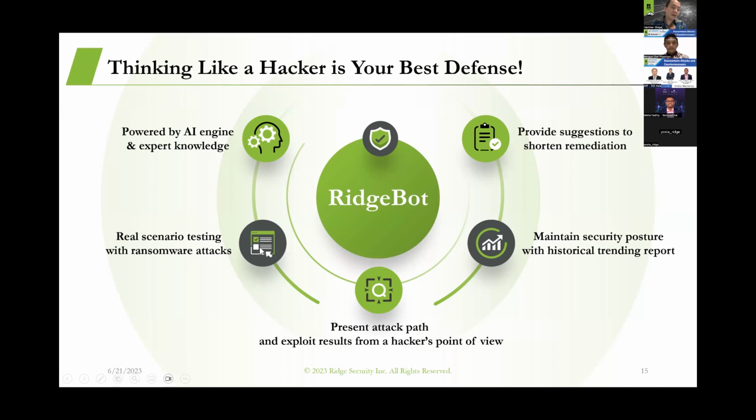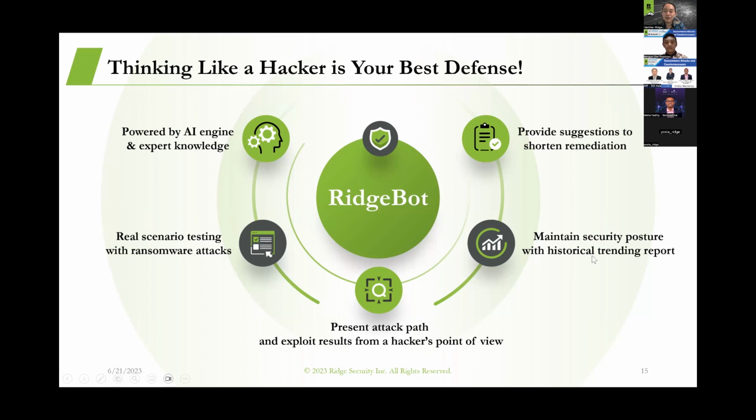So Pak Yosta earlier has demonstrated the number of plugins we have, all the plugins related to the ransomware attack situation. We also present the attack path, or what we call the cyber kill chain, for you to identify how we have successfully gone in and attacked the system.